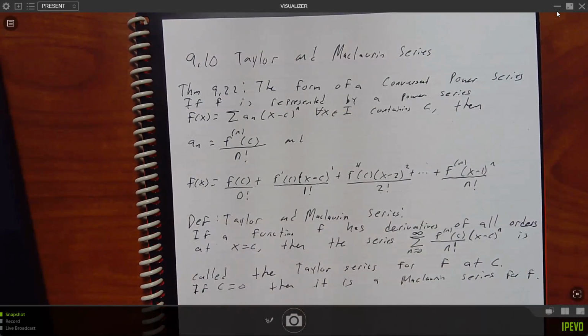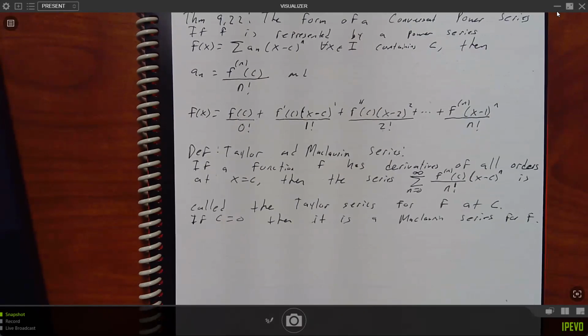All right, so if your function has derivatives of all orders, meaning you can keep taking them forever, then you can create a Taylor series representation of your function. Just like in the last section, we used geometric series to represent functions. Now this is a more general approach.